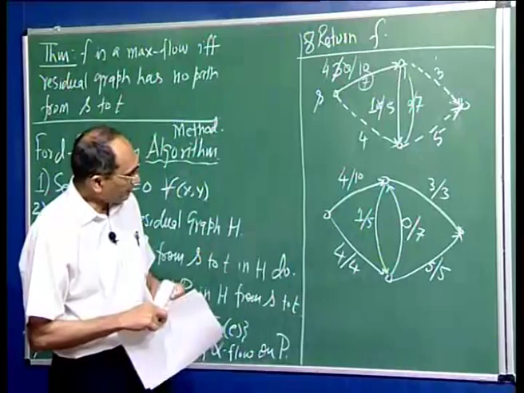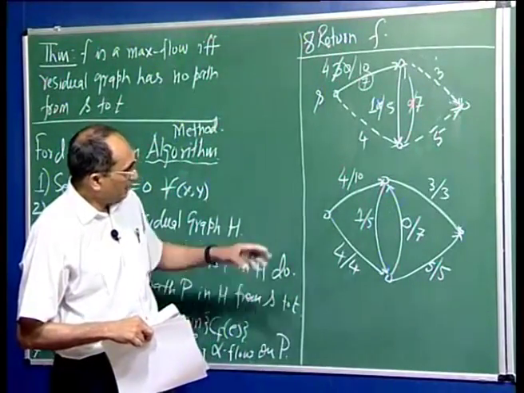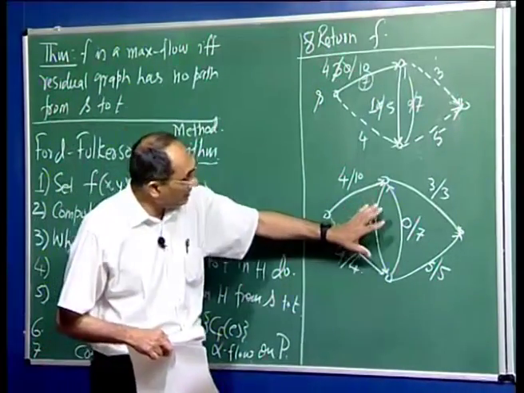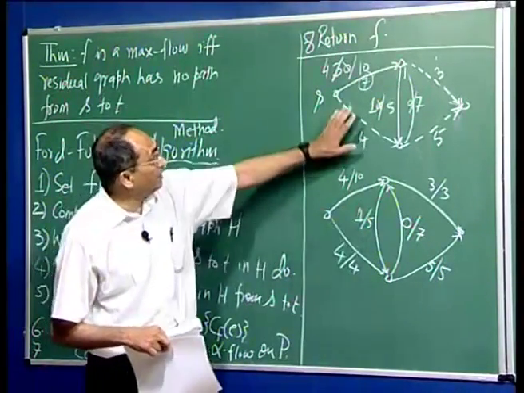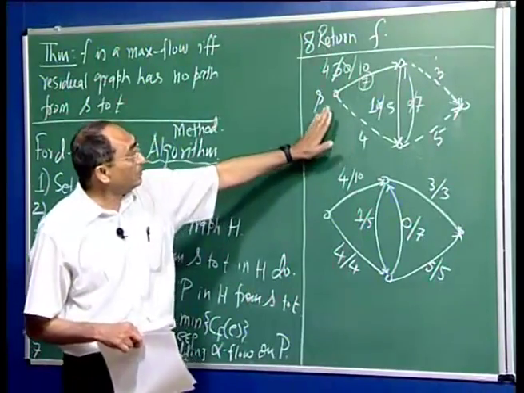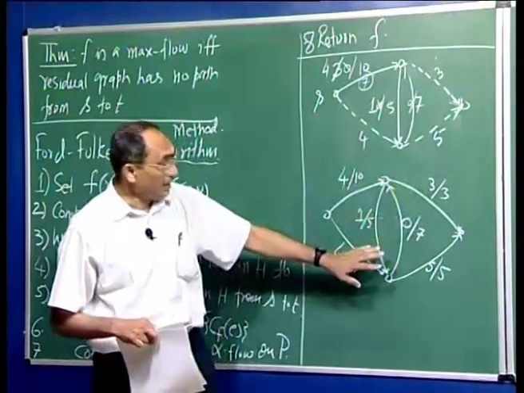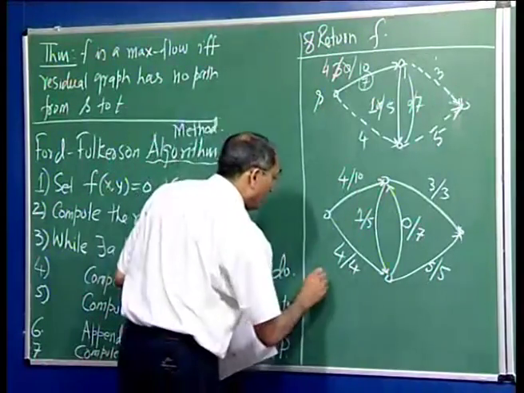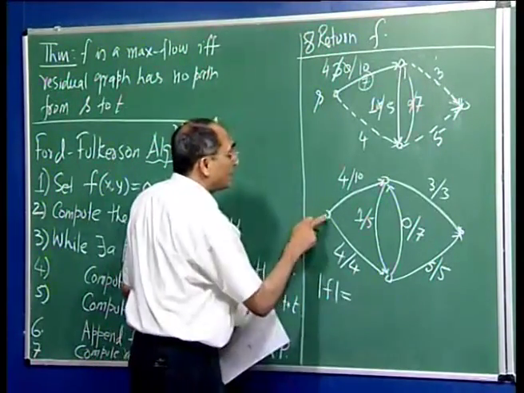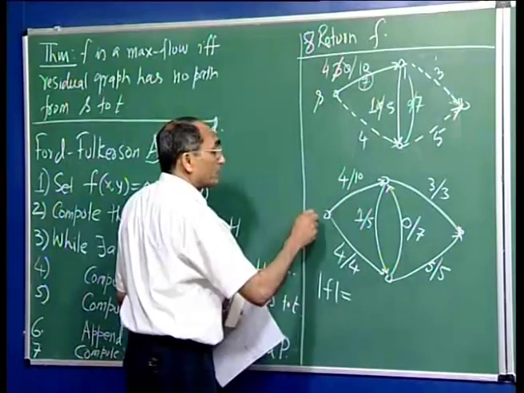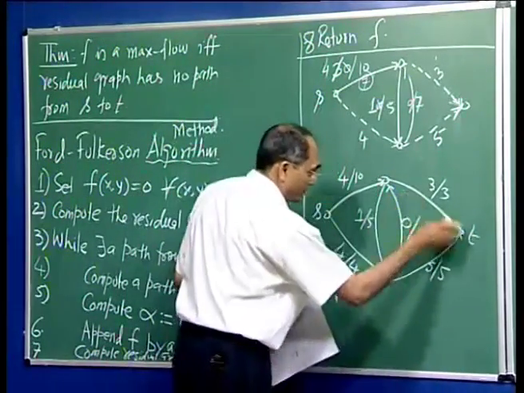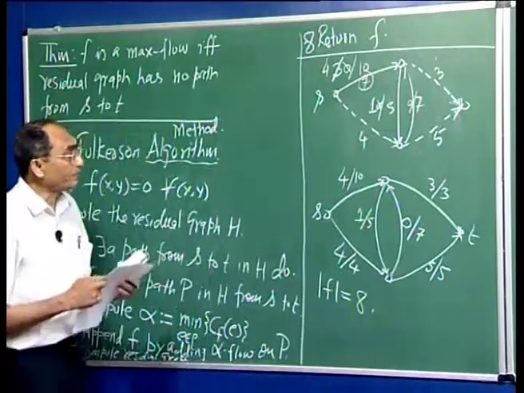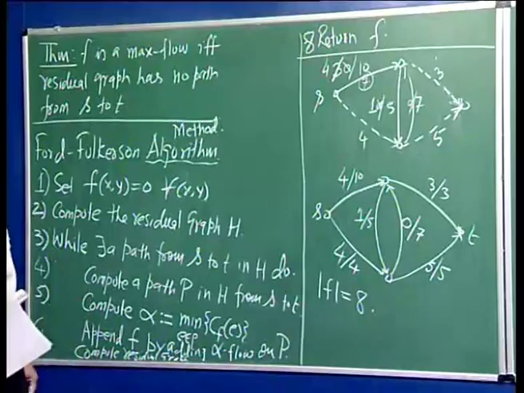So, what we have shown is that such a flow where the residual graph has no path left has to be maximum, and notice that the value of this flow is the sum of the flow coming out of the source, or what enters into the sink, which is 8. This is the maximum flow for this network.